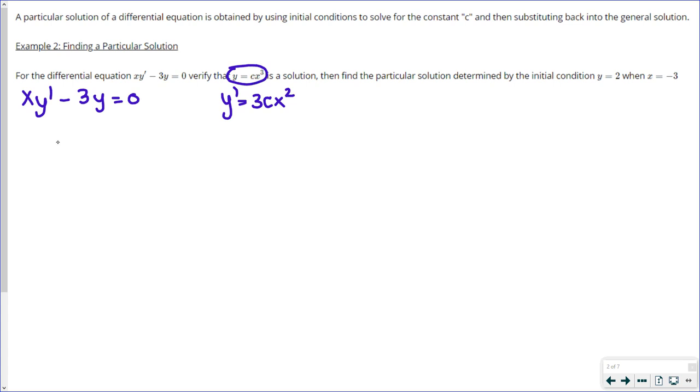Now we're going to plug into our equation: x times y prime minus 3y. We're going to see, does this equal 0? Well, x times x squared gives me x cubed.